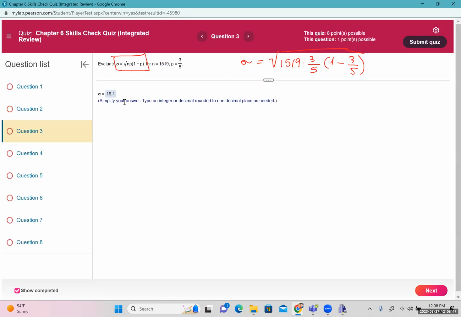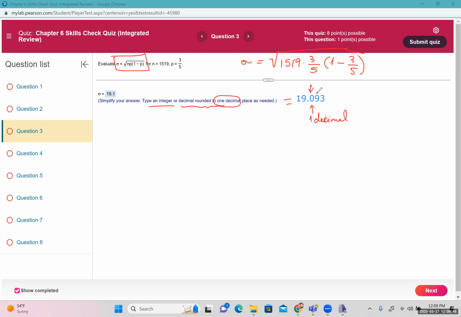They want us to round to 1 decimal place. So 1 decimal place, like we is at here.